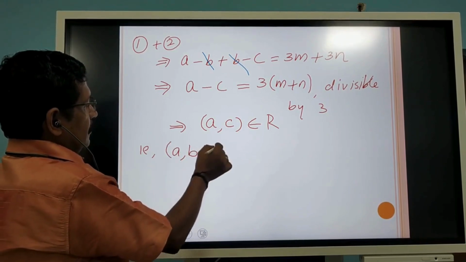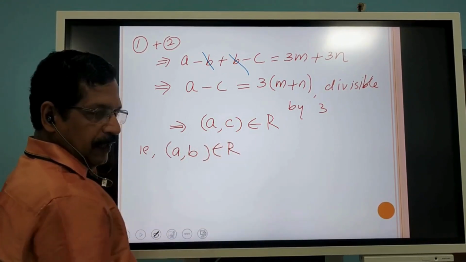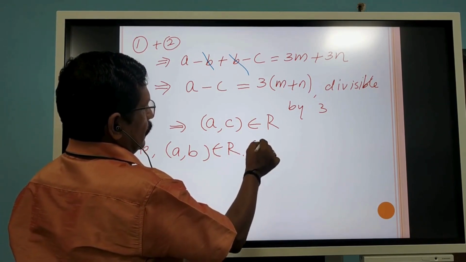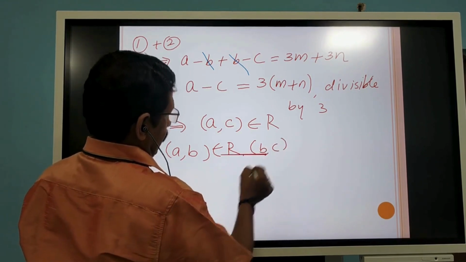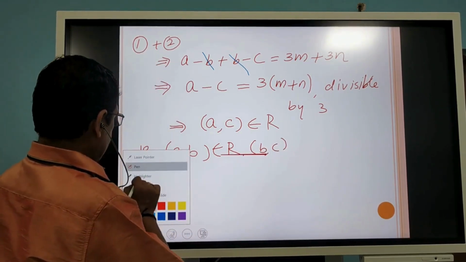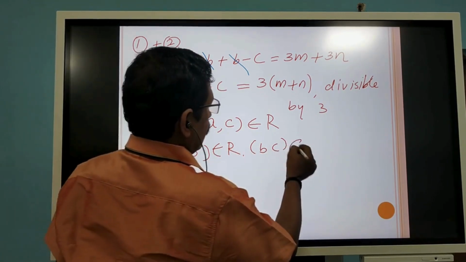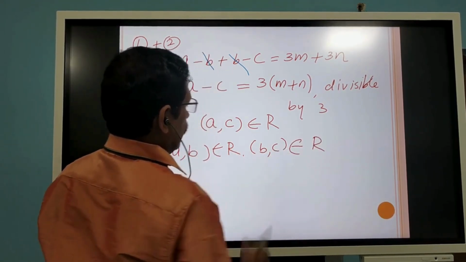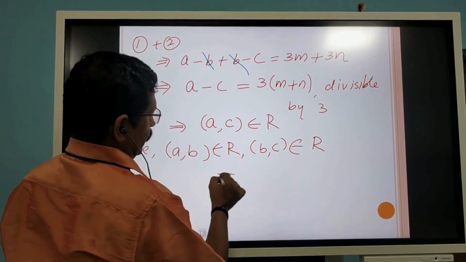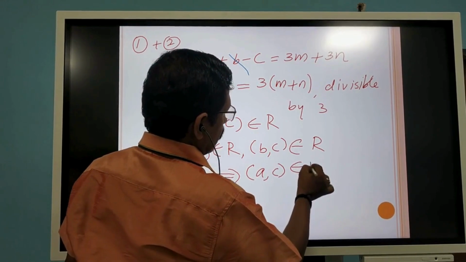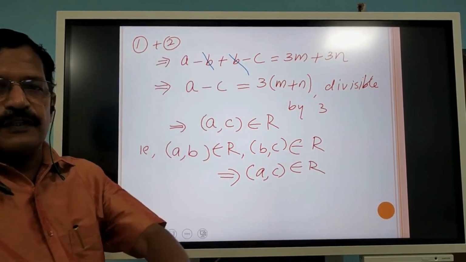A is related to B, ordered pair AB element of R, comma, ordered pair BC element of R, implies ordered pair AC element of R. So the transitivity is over.